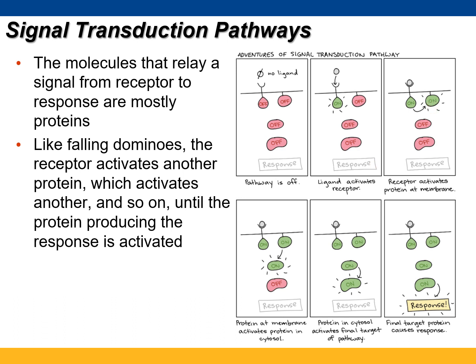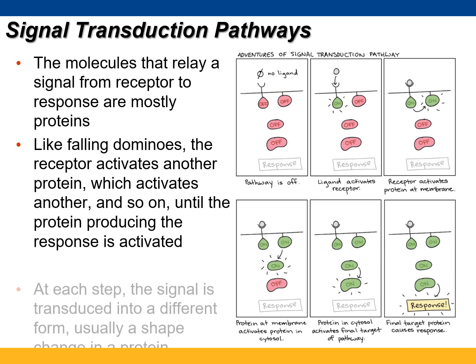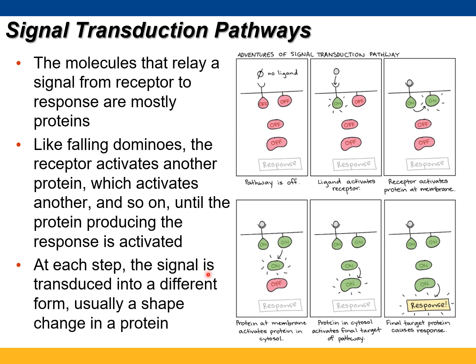One of these would activate tens or hundreds or thousands of these, etc., etc. So there is an amplification and what we call a divergence as well. That would say we're going to affect many different cellular processes. Okay. We are transducing the signal from its original first message into the language of protein biochemistry inside the cell.